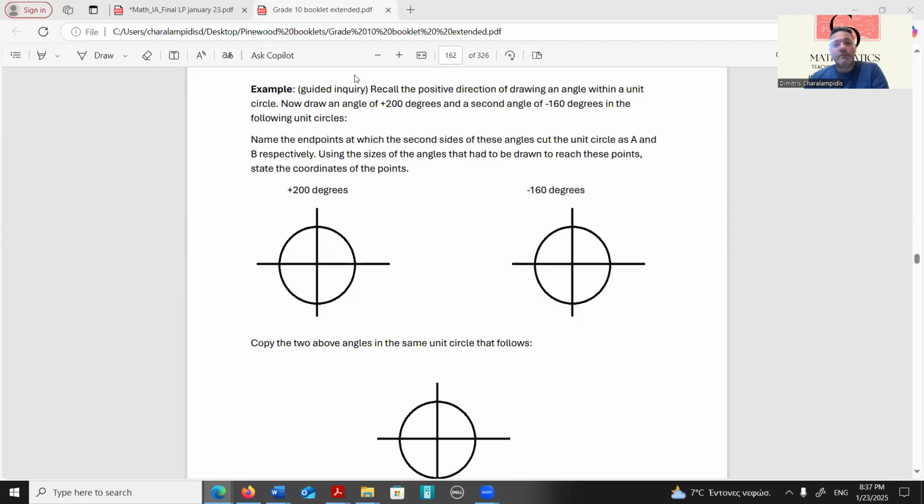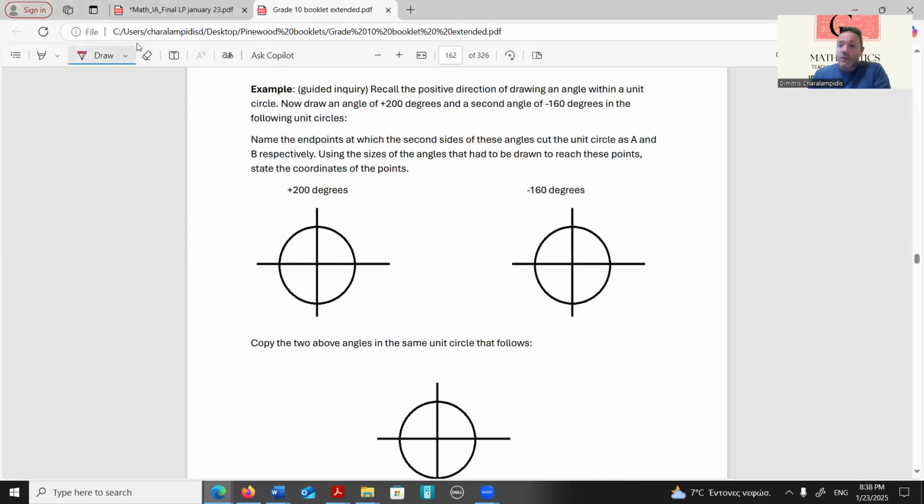Recall the positive direction of drawing an angle, and we'll be reminded that it's the anti-clockwise direction within a unit circle. Now draw an angle of 200 degrees.